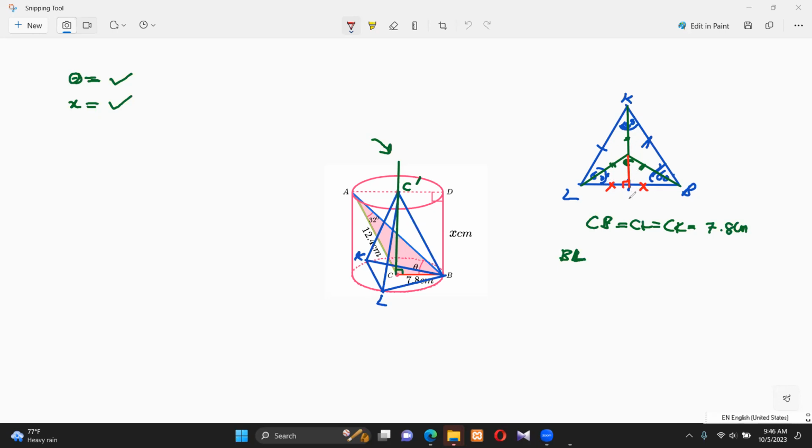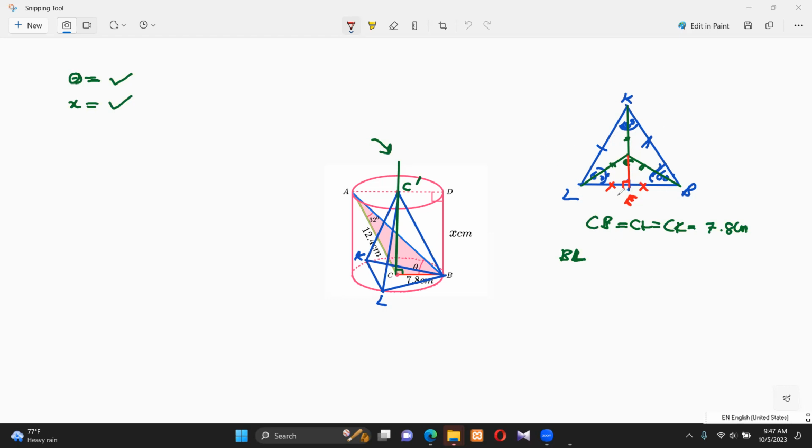Let me call this E, right? Then CE is the perpendicular bisector. Now what we can do, actually KCE are collinear because of the symmetry. You can consider triangle KEL and triangle KEB. Then you can realize that they are congruent with each other. So you can decide that KCE must be collinear, right?